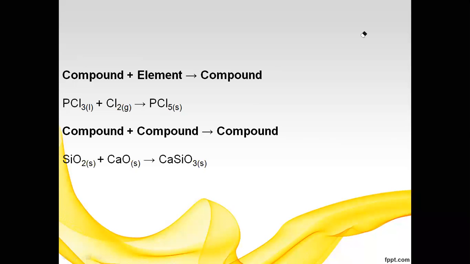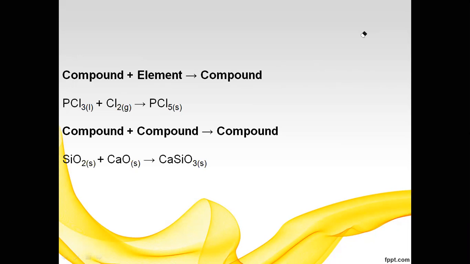So these are the combination reactions. Two or more reactants combine to form a product. There are three classes depending on the chemical nature of the reactants: element plus element to form a compound, compound plus element to form a compound, and compound plus compound to form a compound.